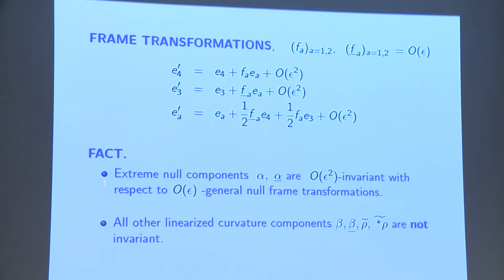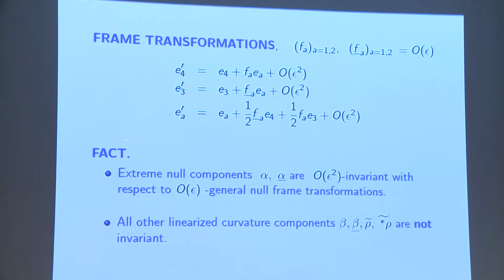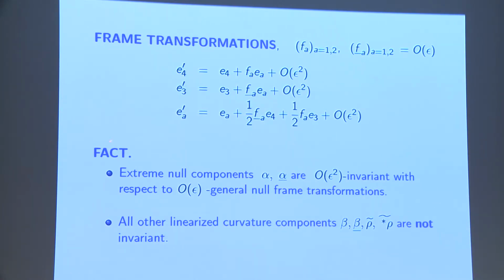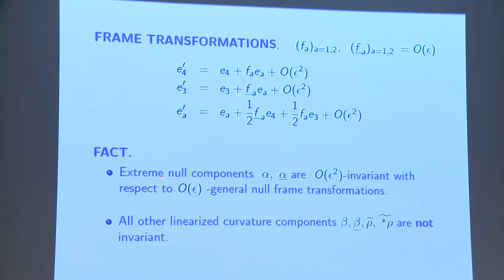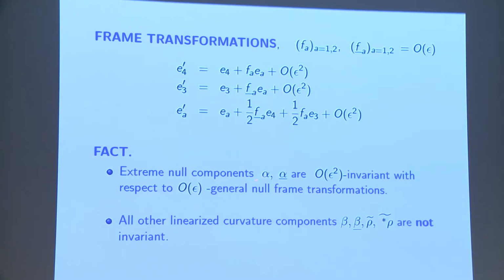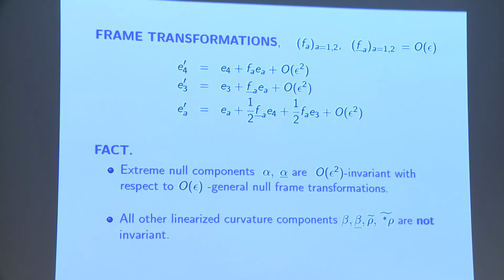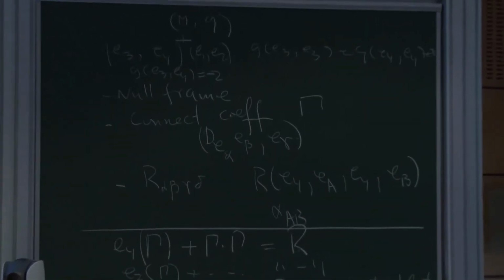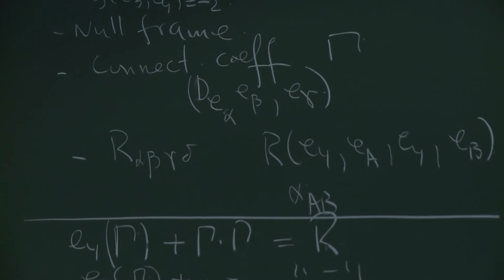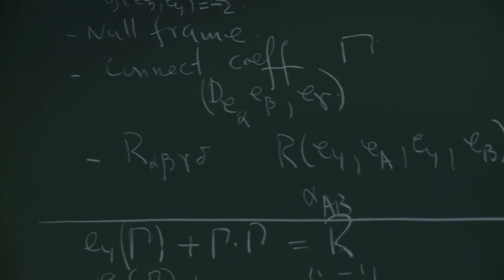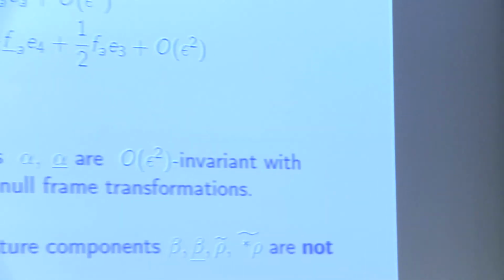Now, here is a remarkable fact, which I think plays a fundamental role in everything that is done with linearized gravity: the extreme null components, alpha and alpha bar. Remember, this one was alpha, and if I interchange E4 with E3, I'll get the so-called alpha bar. These components are invariant up to O of epsilon squared terms with respect to this kind of transformation, right?